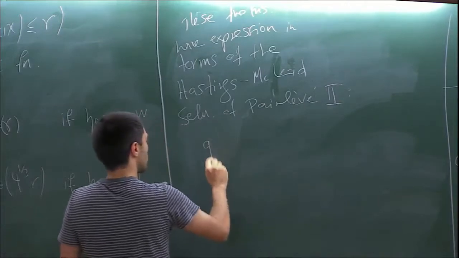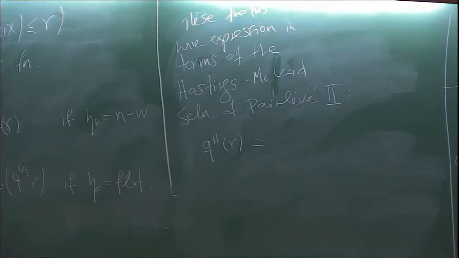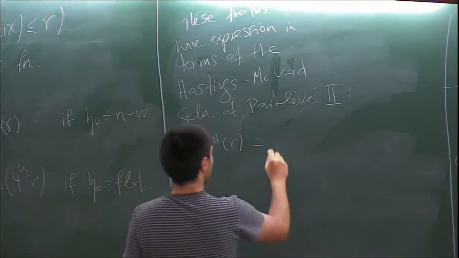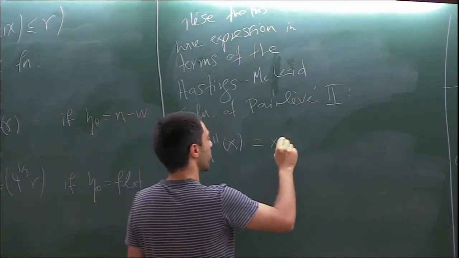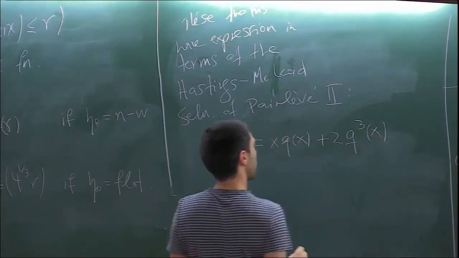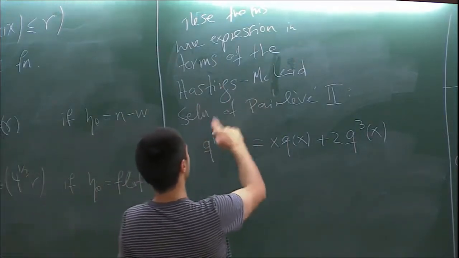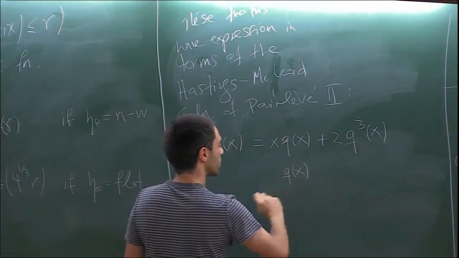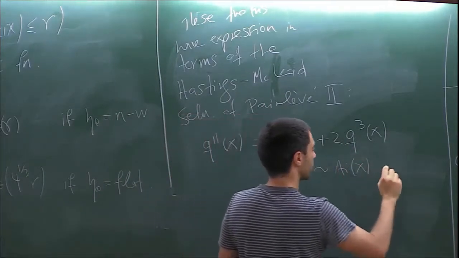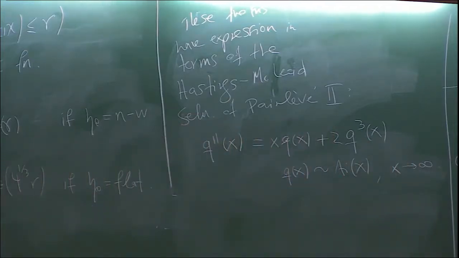So this is the equation Q double prime of x equals, and I'm going to get the factors wrong, x Q of x plus 2 Q cubed of x. So that's the ODE. And the Hastings-McLeod solution is the one such that Q of x behaves like Airy of x as x goes to infinity. So this is a very famous function. It comes from integrable systems.